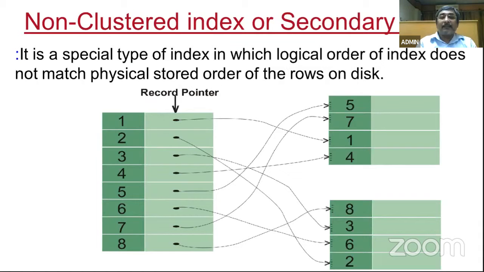Now, in a secondary index, first of all, note that this is my index 1, 2, 3, 4, 5, 6, 7, 8, nicely sorted. But the data is not sorted on this particular column or key. So 1 is obtained here, 2 is obtained here, 3 is obtained here. The bigger problem is, there can be a situation where I have 2 records in this file with value 1.